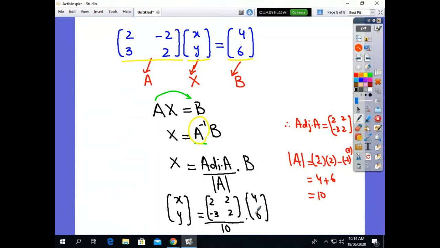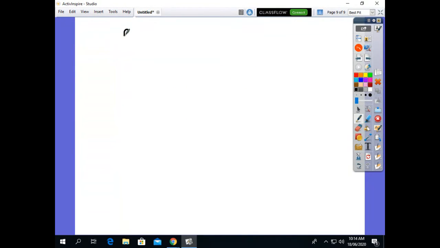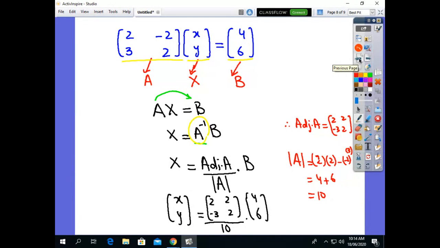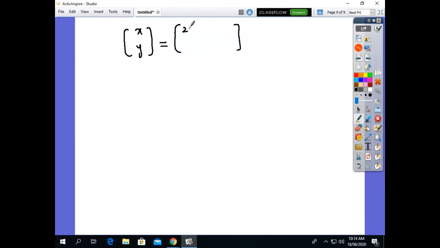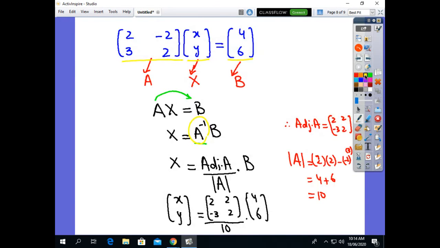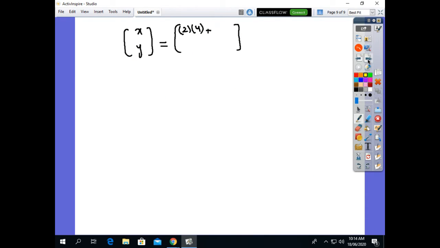Now multiply these two matrices. We have x, y is equal to, multiply the first row with the first column. Multiply 2 with 4, 2 multiplied with 4 plus, then multiply 2 with 6.